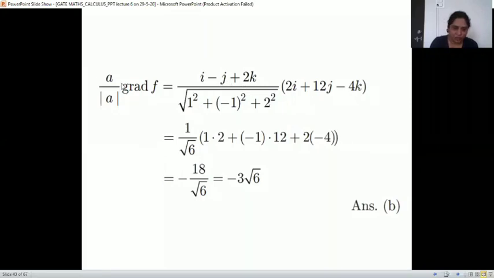Here it is a dot product. Whatever is in the denominator is root 6, and these two are in dot product. So it is 2 into 1, that is 2, minus 1 into 12 plus 2 into minus 4. Solving, we get the answer minus 18 by root 6, that is minus 3 root 6.